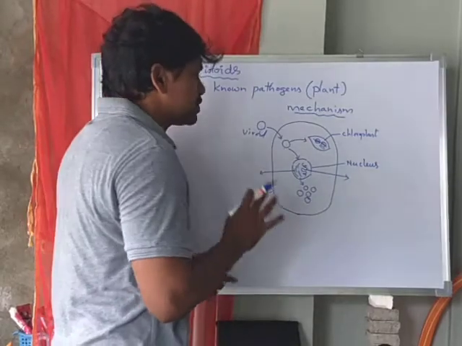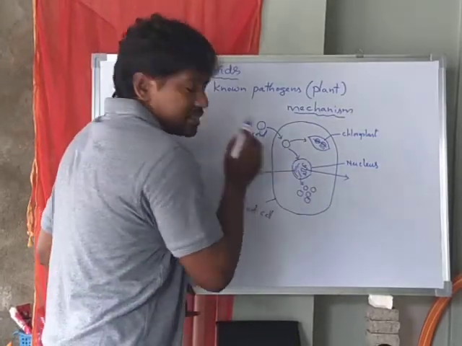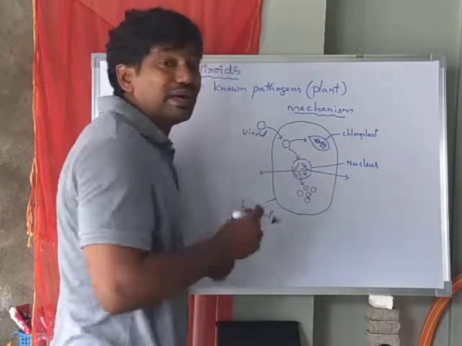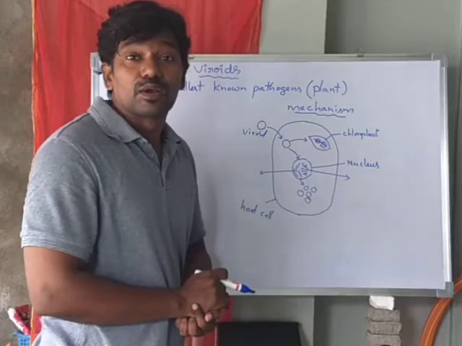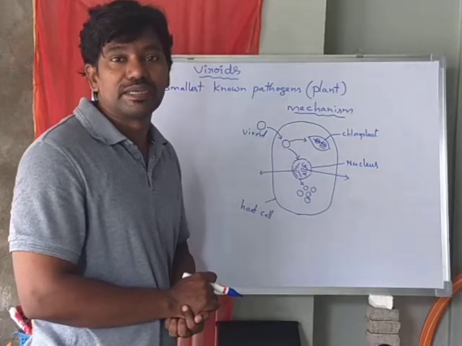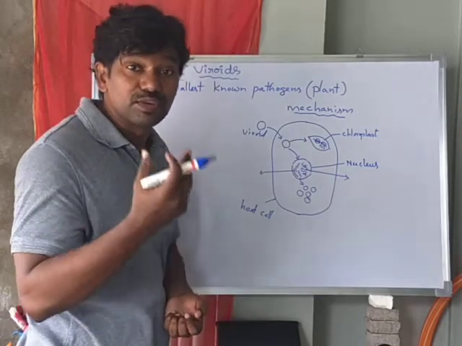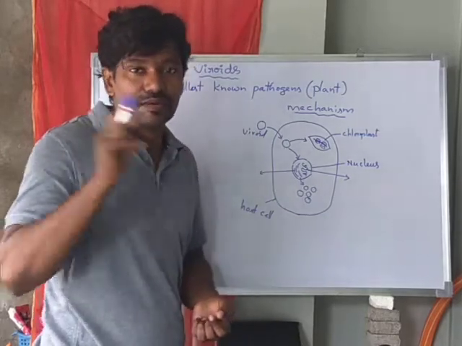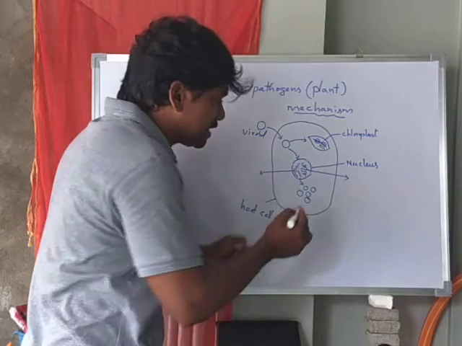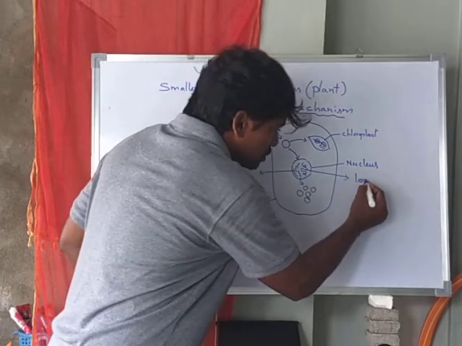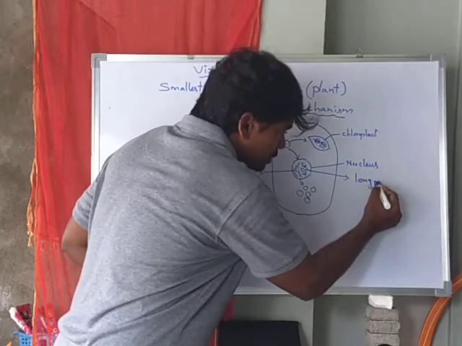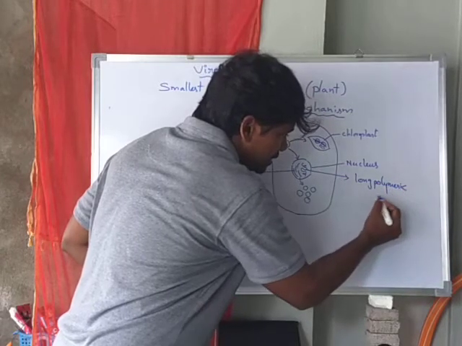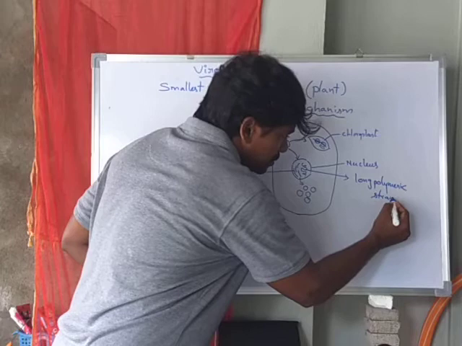If it enters the nucleus, it multiplies by a rolling circle mechanism, producing a long polymeric strand.